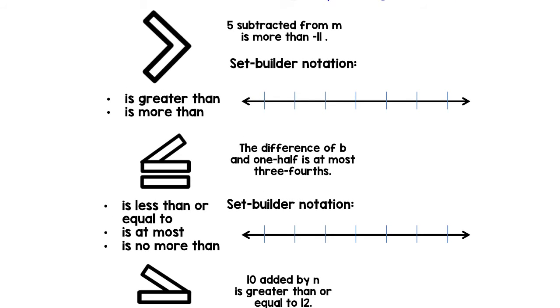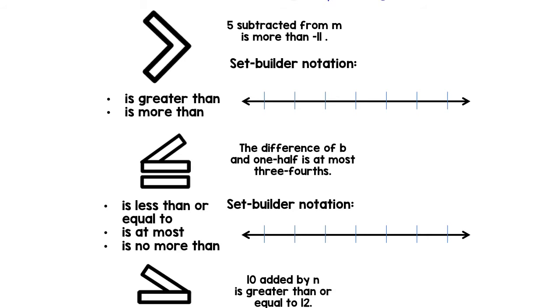If we look at greater than, it's open in the opposite direction. So it opens towards the right. And just like above, if we were to say x is greater than 0, we're reading from left to right. It also says is more than, is greater than. x is more than 0.